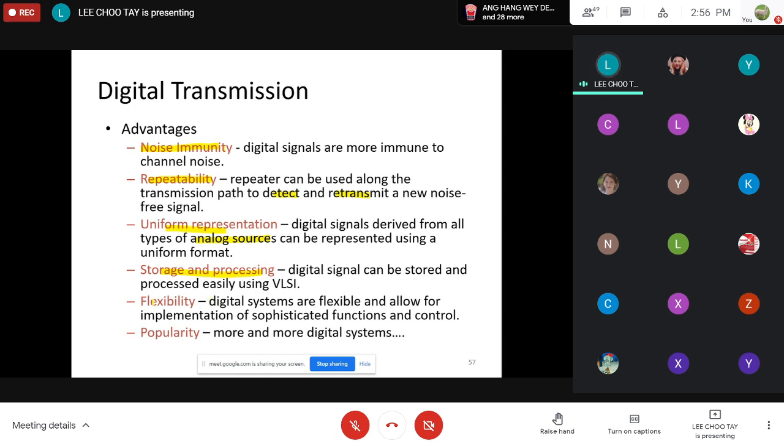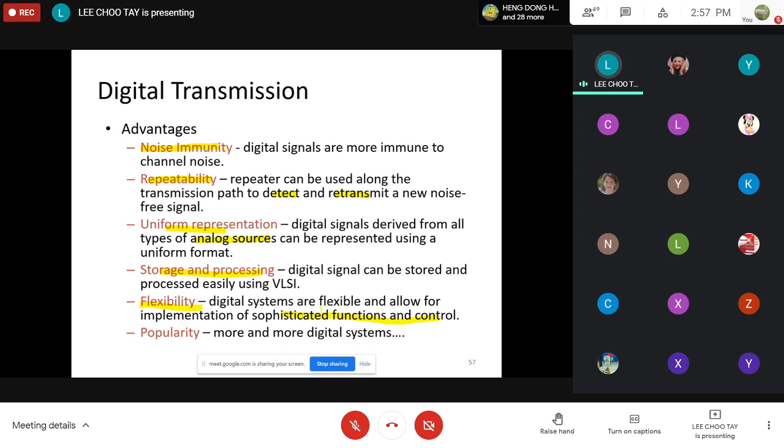Flexibility. Digital systems are flexible because you can just cascade them and combine different digital systems to perform sophisticated function and control, because they are just ones and zeros. It's not like analog, where we need to consider the input impedance, the output impedance, the frequency response, and all those things.